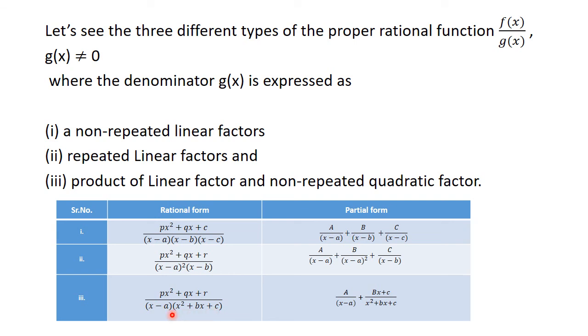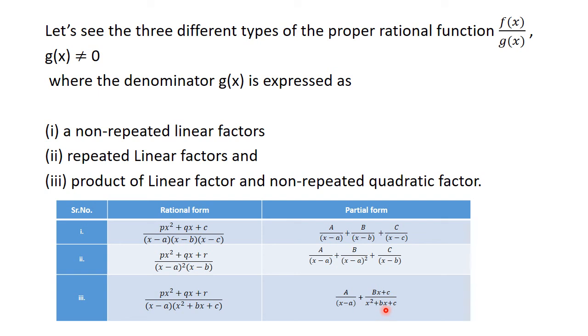If such type of terms are given in the denominator, then for such a rational form, the partial form is A by x minus a plus (bx plus c) by this quadratic term x square plus bx plus c.